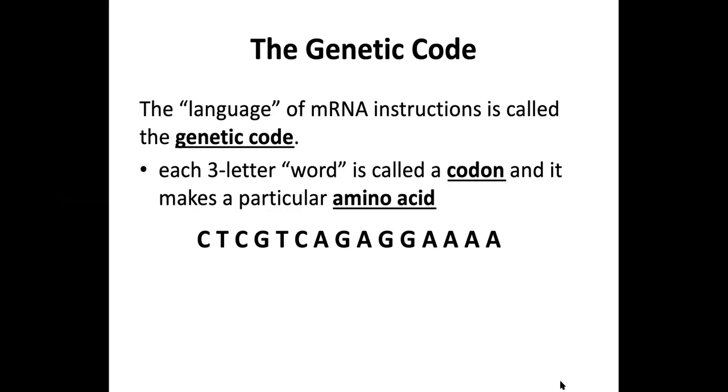So if you are given this sequence, and you had to convert it, you would essentially have to take this, which is what? Is this DNA or RNA? How do you know it's DNA? There's no U's, there's T's. So this has to be DNA. So what we would have to do is transcribe this to RNA first in order to find the amino acids.